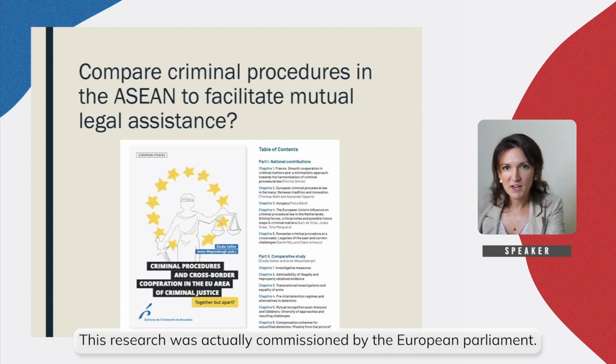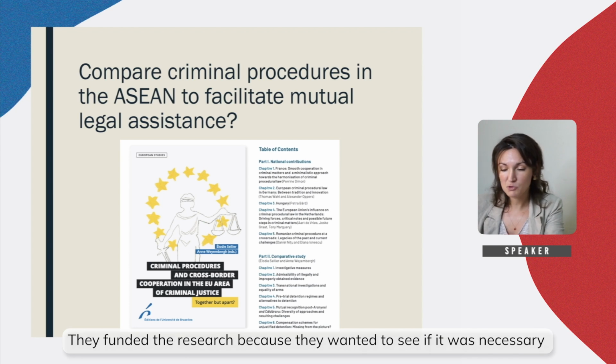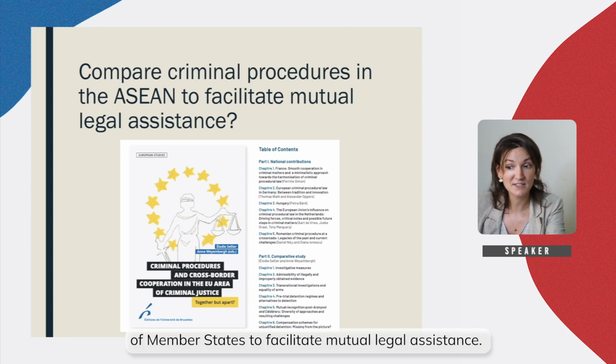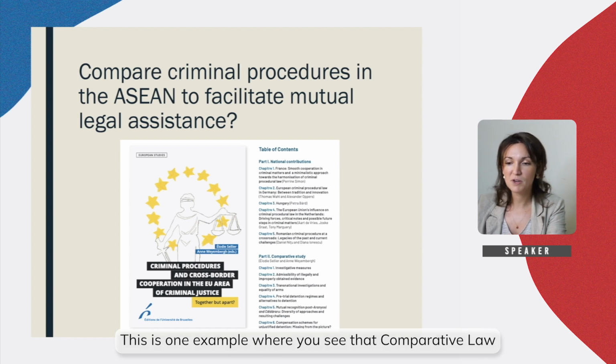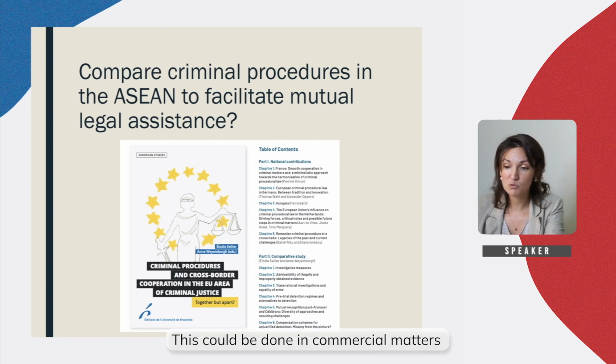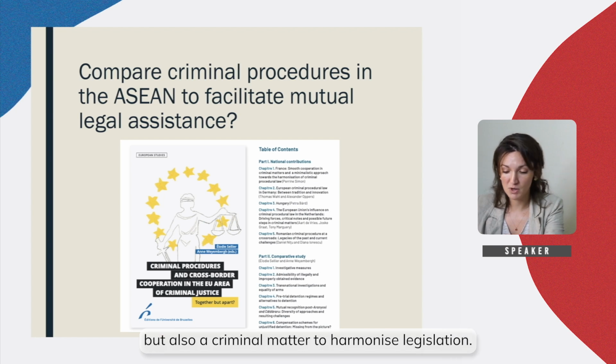So this research was actually commissioned by the European Parliament. They funded the research because they wanted to see if it was necessary to harmonize more the law on criminal procedures of member states to facilitate mutual legal assistance. So this is one example where you see that comparative law can be used to facilitate cooperation. This could be done in commercial matters, but also criminal matters, to harmonize legislation.